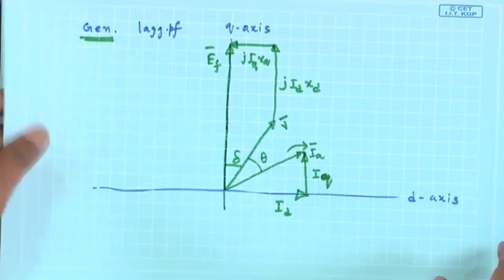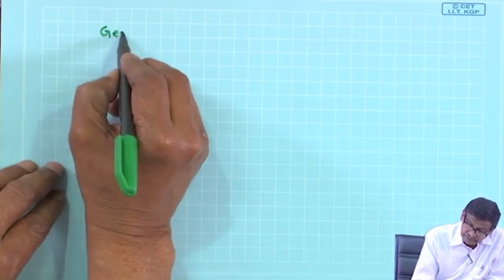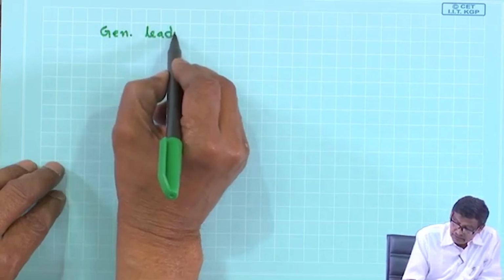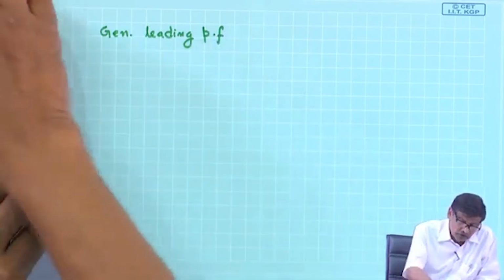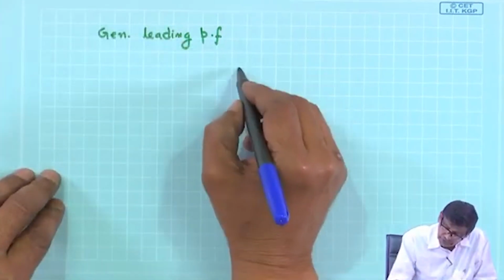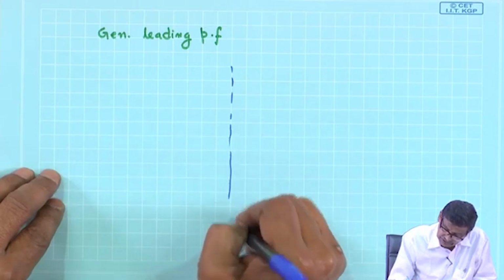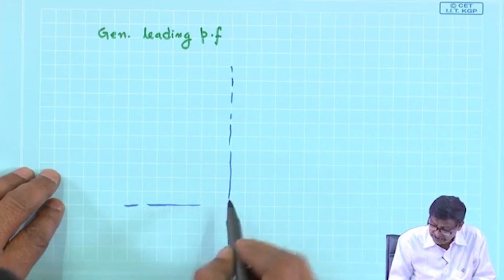Once again I am telling, suppose I want to draw leading power factor for a salient pole generator. So, once again what you do, you first draw the q axis, suppose this is the q axis, and this is suppose the d axis.